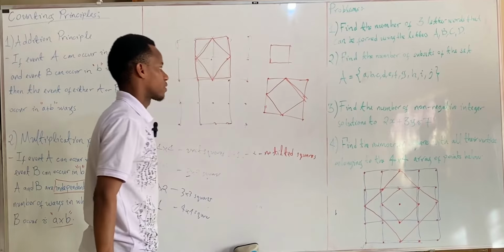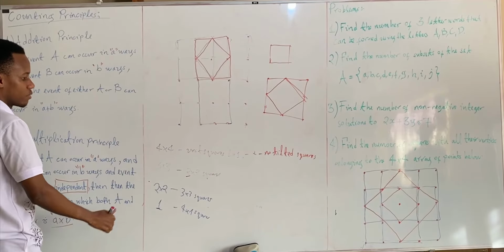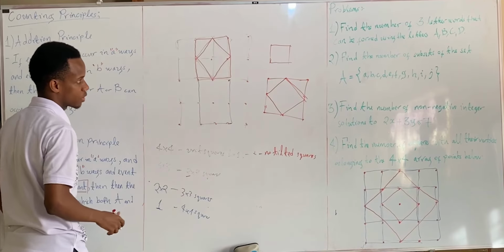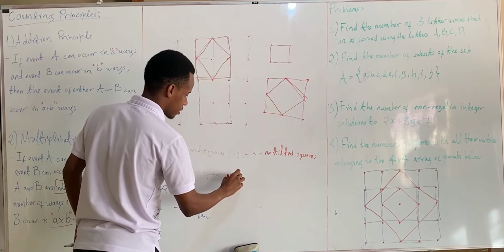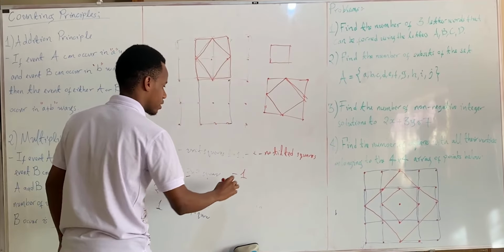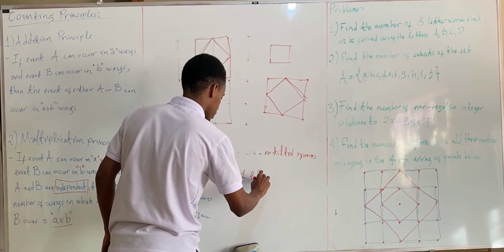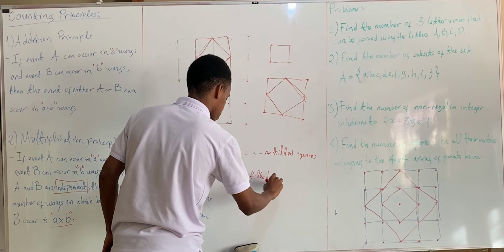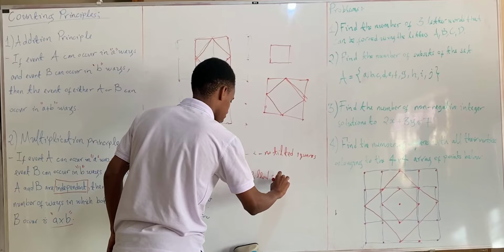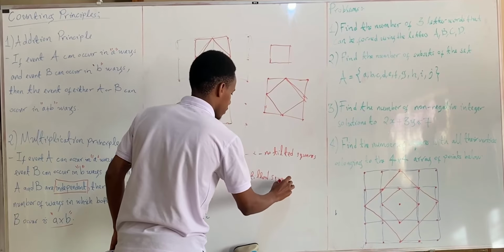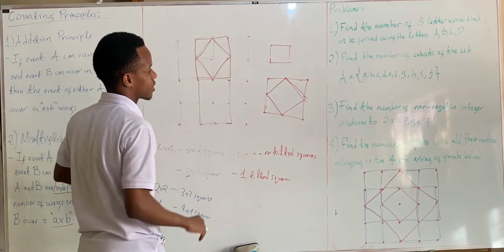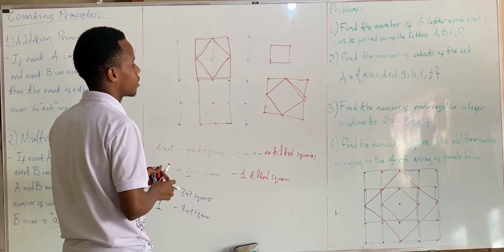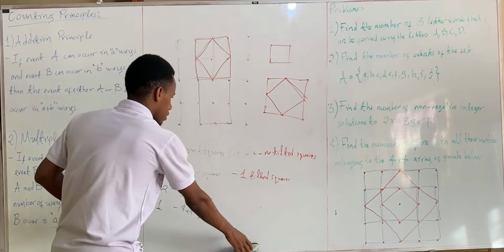Okay. So every 2x2 square contains exactly one tilted square, the square whose edges are not vertical or horizontal.